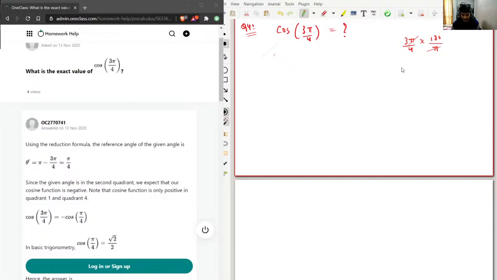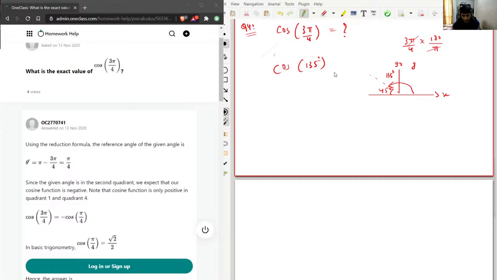So this is nothing but cos of 135 degrees, and 135 will lie in the second quadrant. This will be 135, which will make 45 degrees from this one, and this will be 135 degrees from the positive x-axis.